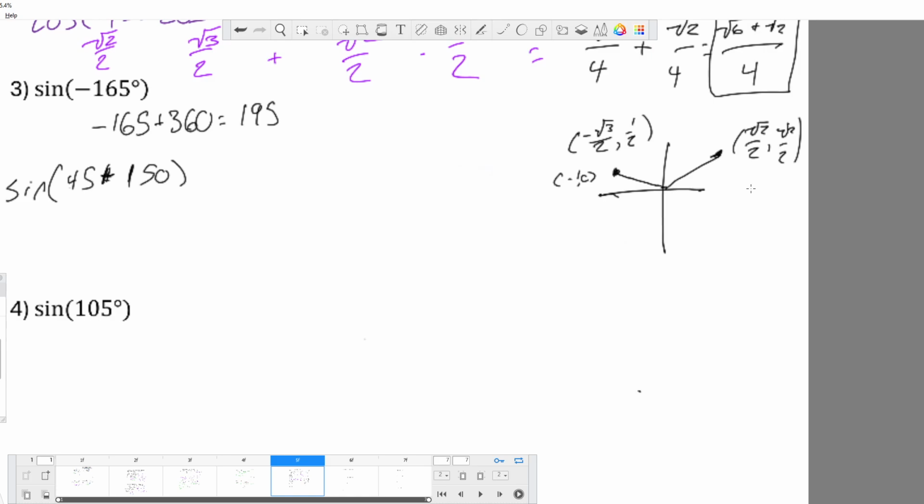And then we just apply the sine rule here for splitting this up. Sine is going to be the same sign. So it'll be sine of 45, cosine of 150, plus cosine of 45, sine of 150.